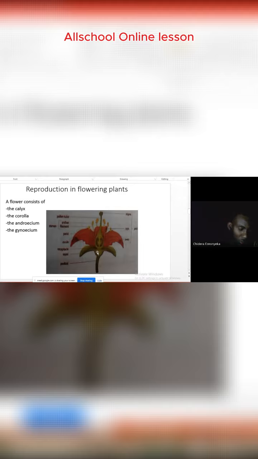So we're talking about the corolla being another floral part. I have a question, sir. All right. What's the function of the sepals? Don't worry, we'll see that when we get to reproduction. It's still part of a flowering plant that performs various functions.